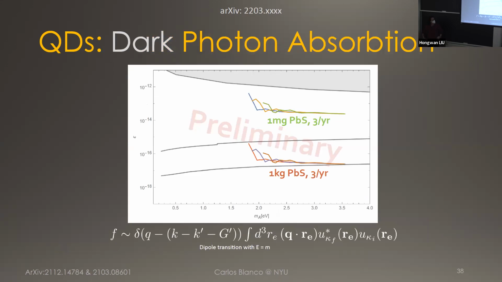You can then ask, well, what if you want to go after the lowest hanging fruit on the tree, which is the dark photon? And here it's actually the exact opposite, right? Because the dark photon makes vertical transitions that cross the gap almost directly. So this is all driven by the gap. And in this case, you can very literally just go out and measure the photon absorption of quantum dots, which is extremely well characterized, and modify some very small things and plot sensitivity curves for these quantum dots.